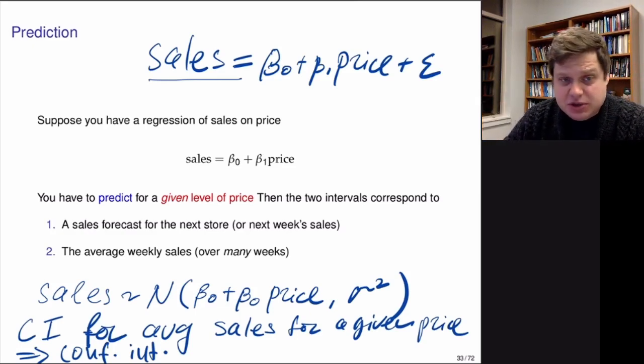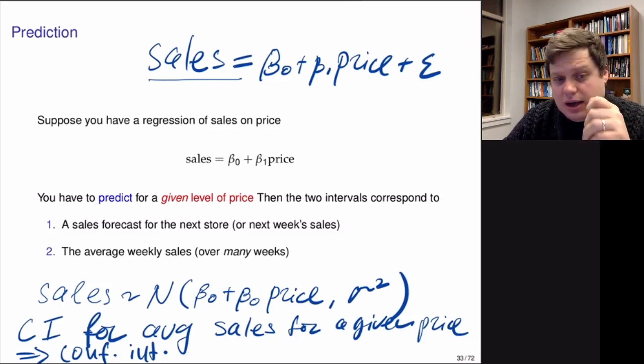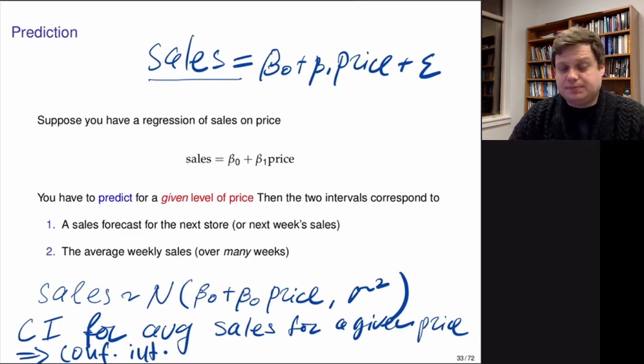Another interval associated with the variable sales is what is called the prediction interval. We talked about the prediction interval back when we talked about the normal distributions. It's just if the question is what my sales are going to be next month. In other words, you don't want to quantify uncertainty about the average sales for a given value of X, but you want to see the likely interval for the sales next month, meaning for this specific instance.